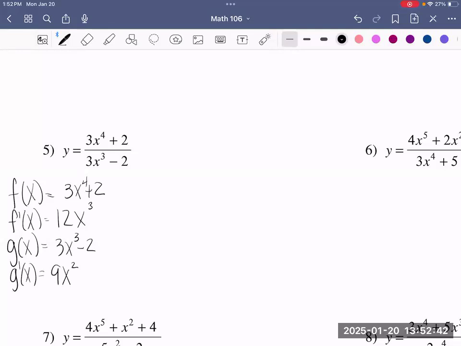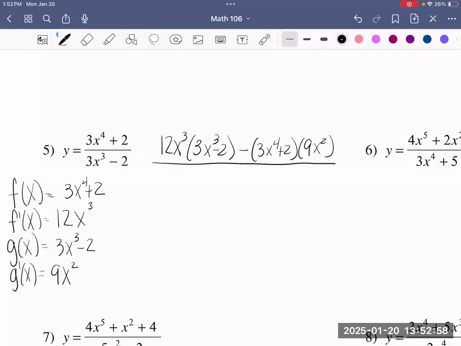Let's bring it all together. So we have 12x cubed times g minus your f times your g prime all over g squared.